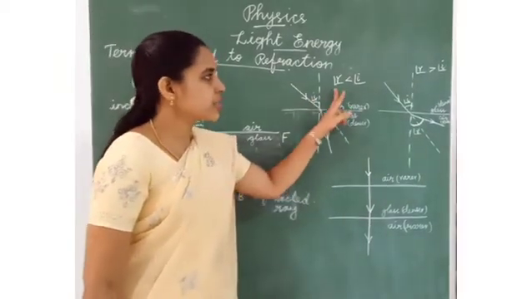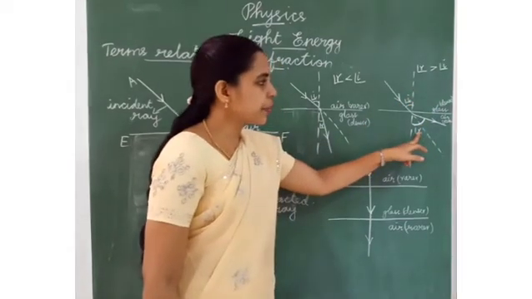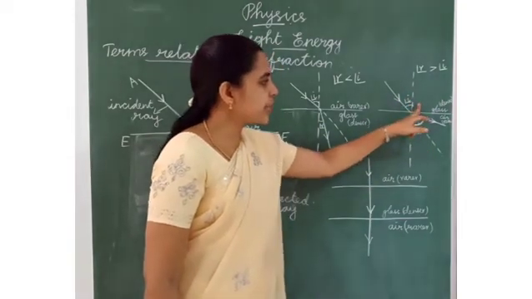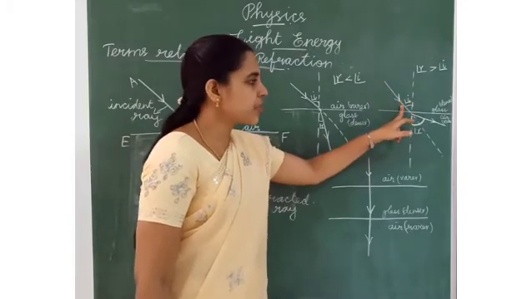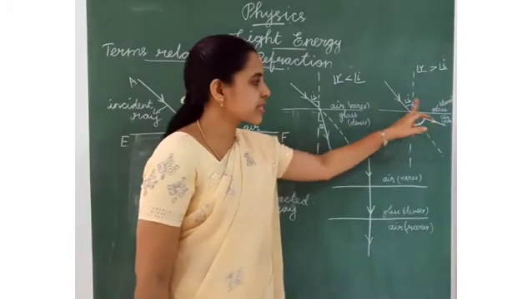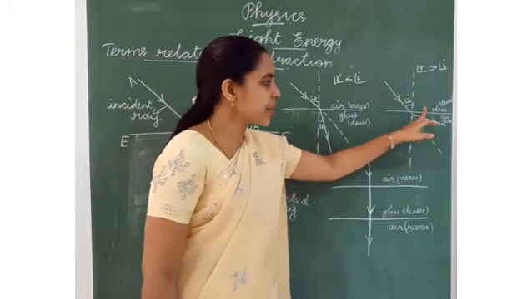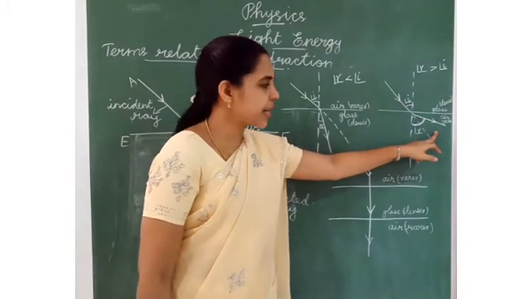Next, in the second picture, the second rule: the ray of light from the first medium, the glass, the denser medium, to the rarer medium.